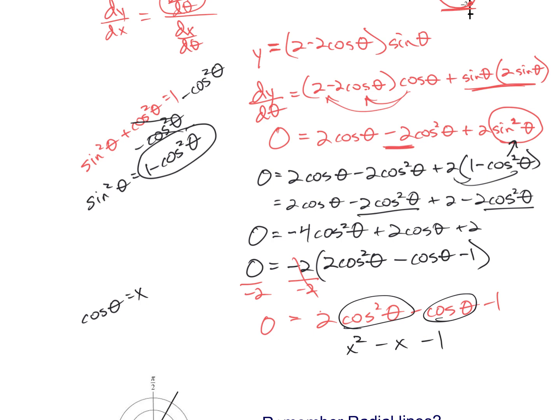And then since that's set equal to 0, we can factor it. And that factors just by guess and check pretty quickly. The only way to get 2x squared is a 2x and an x, and the only way to get a 1 is to put a 1 and 1. You just have to figure out which one's negative. And so we want that one negative, so we end up with a negative 2x and a positive 1x. Then you set each one equal to 0.